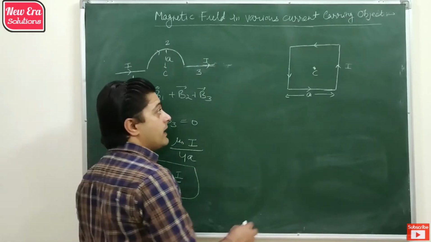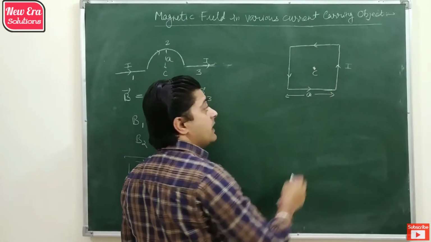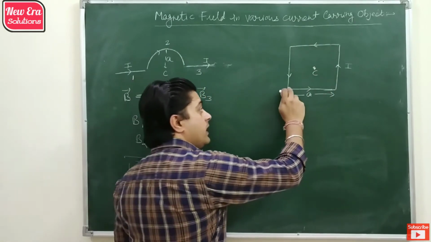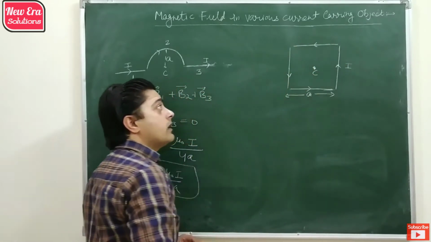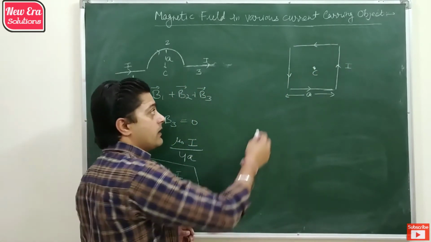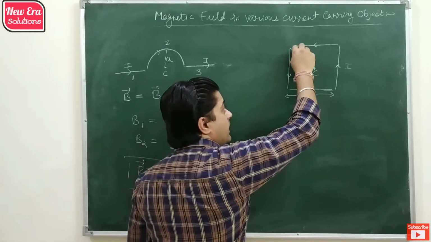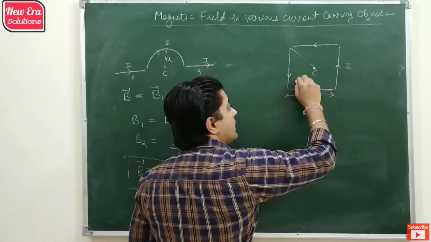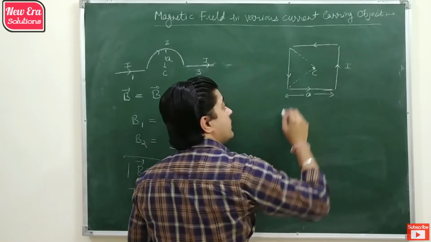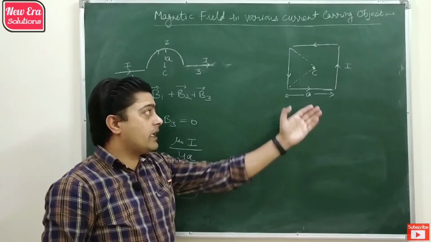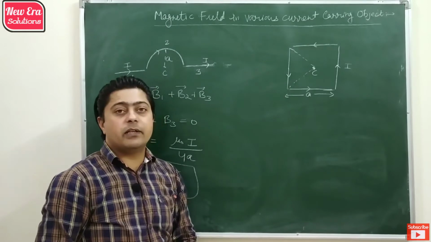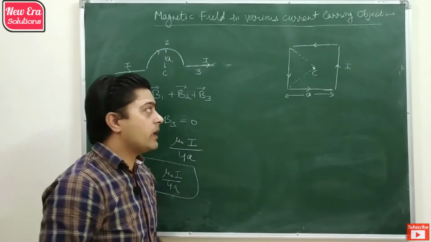Similarly, in the second case, if we want to find the magnetic field at point C, we assume these are four straight current carrying wires having current I, and we find the magnetic field at point C due to each segment, and then we add these magnetic fields to find the total magnetic field.